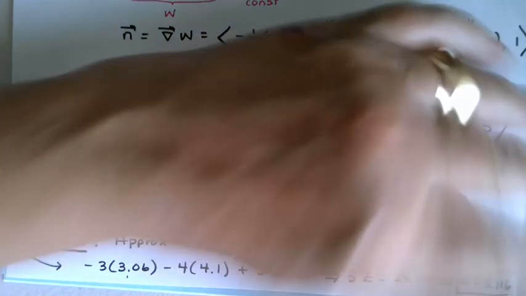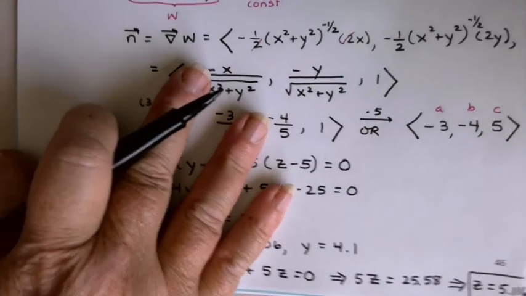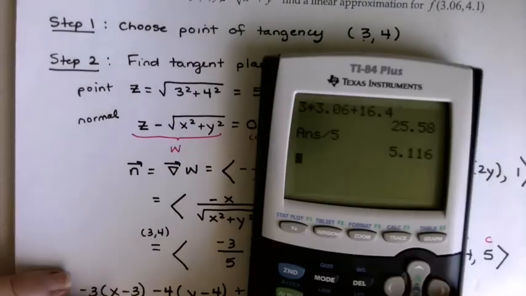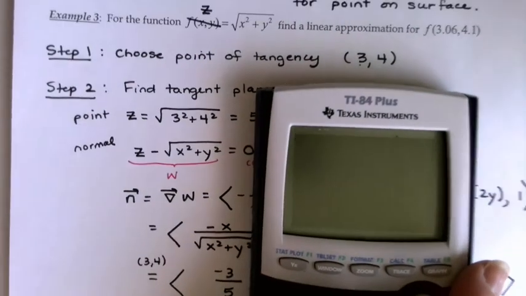for my approximation. We can, of course, determine how good that approximation is by actually going back and with a calculator. Of course, it's not difficult to plug these values into the original function.